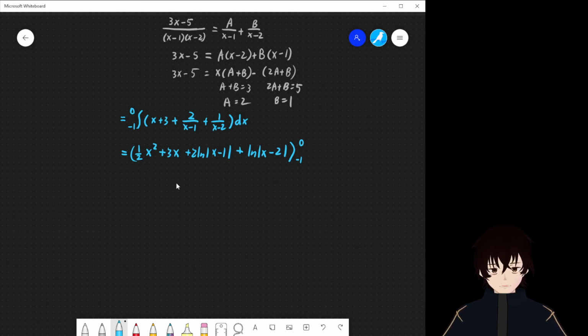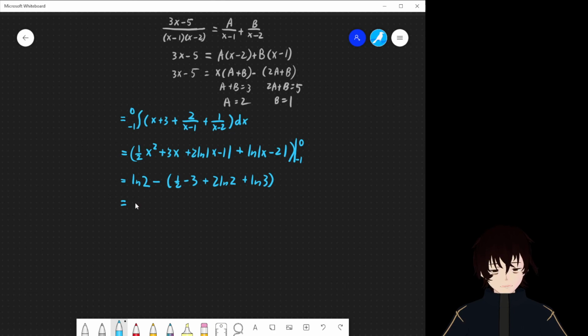Plug in 0, we get natural log of 2 because it's 0, 0, 0, 2. Minus, if we plug in -1, we get 1/2 minus 3 plus 2 natural log of 2 plus natural log of 3.